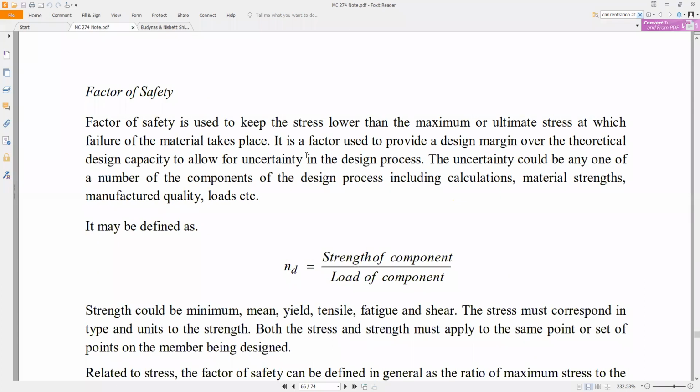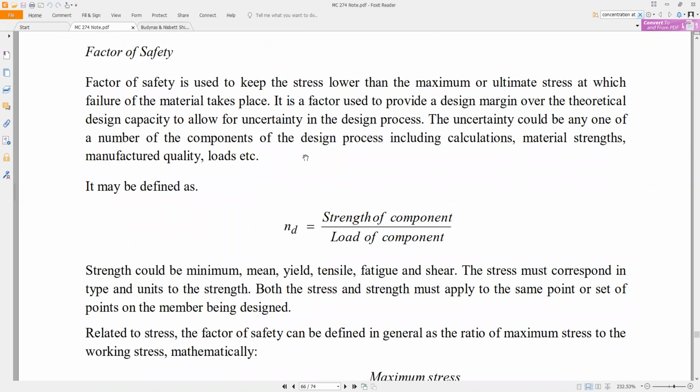Then we also have the factor of safety. A factor of safety is used to keep the stress lower than the maximum or ultimate stress at which the failure of the material takes place. Because if you reach the maximum stress, let's say the yield stress or the ultimate stress where the material is failing, we don't want to get there.